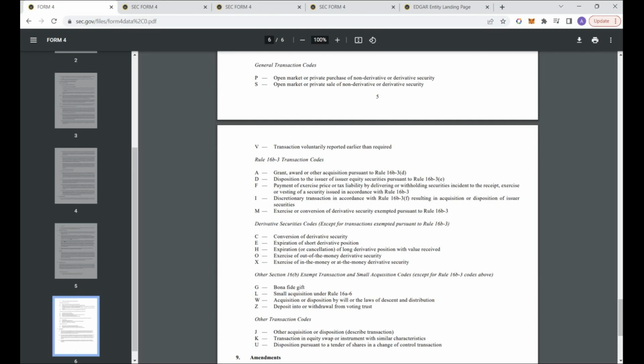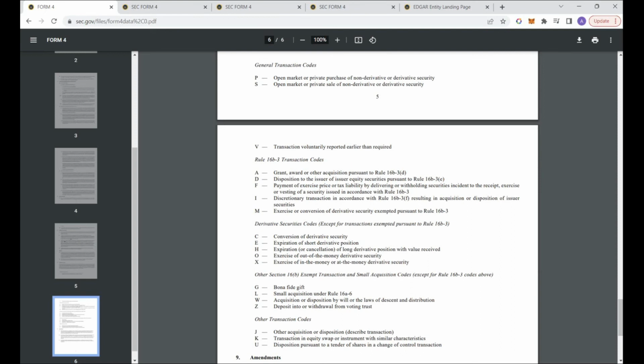So the P transaction code is for a purchase of shares either in the open market or through a private transaction. The S transaction code is when the executive sells shares. The A transaction code is when the executive is given shares as a part of stock compensation plans.